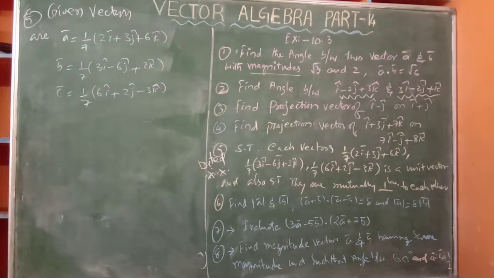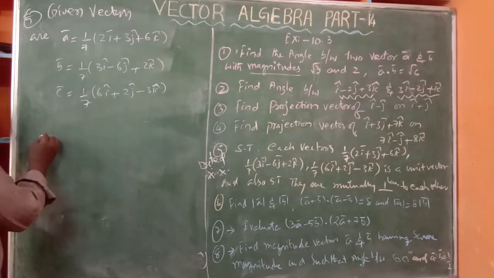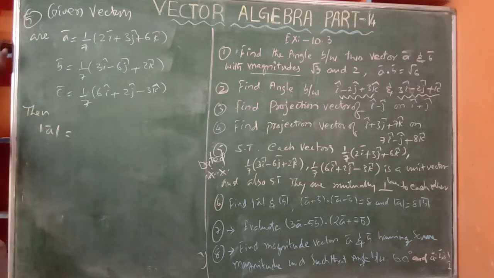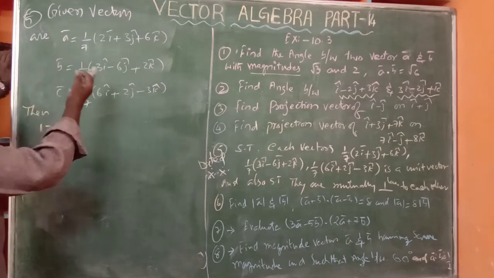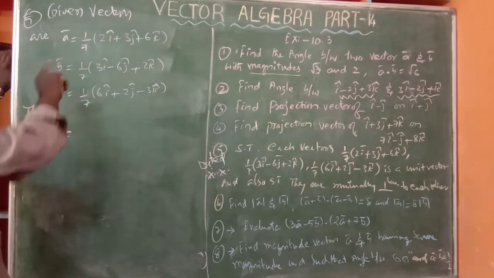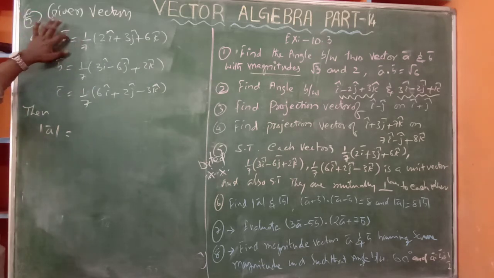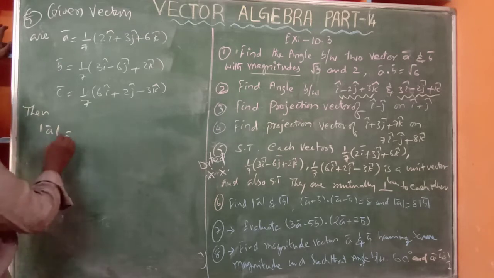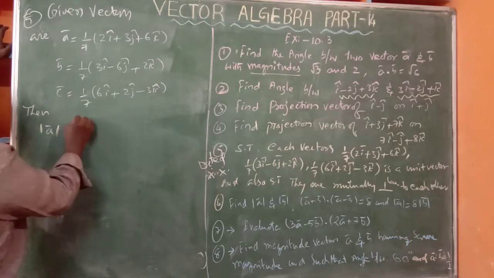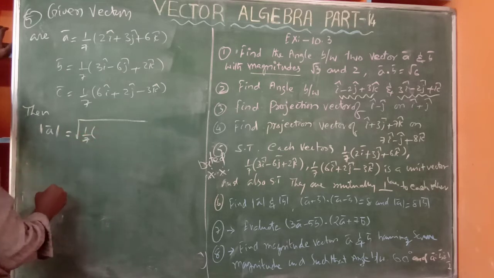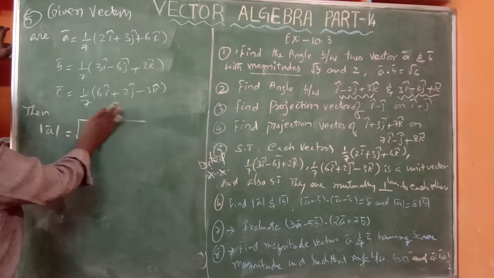And I have to show that they are unit vectors. You see, modulus of A bar, how can we show that they are unit vectors? Of course, it is a vector, no doubt, so it contains some direction. The magnitude of that vector must be 1. So modulus of A bar, we are finding the magnitude.